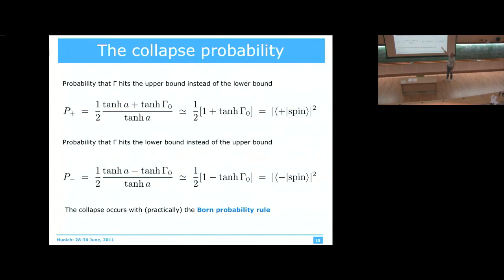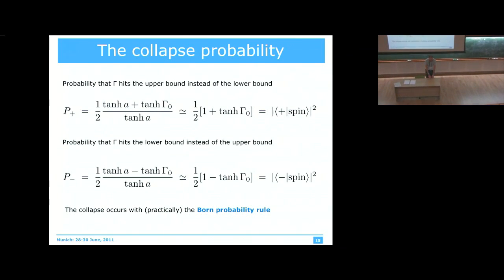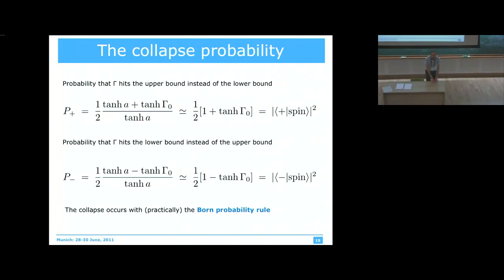And the same for the probability of getting the other outcome. So, in a sense, TP is right: the Born rule is written in the collapse. But it is not written in such a straightforward way as it might seem from what I say. Because I remind you that here the collapse occurs in the pointer, and the Born rule is with the state of the spin system.